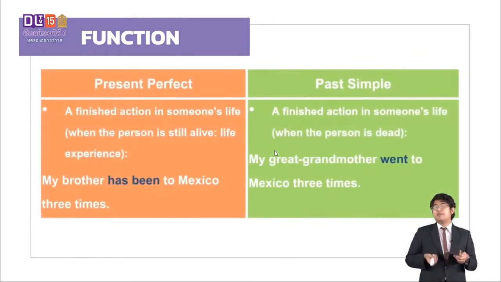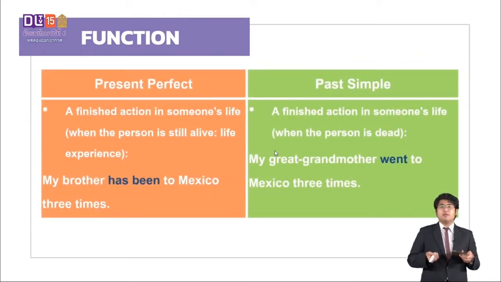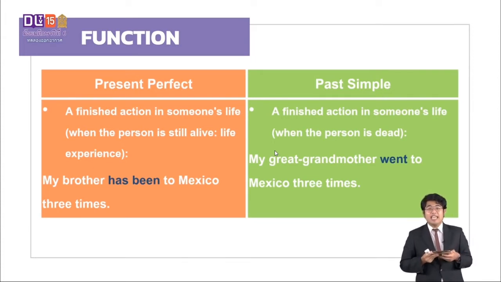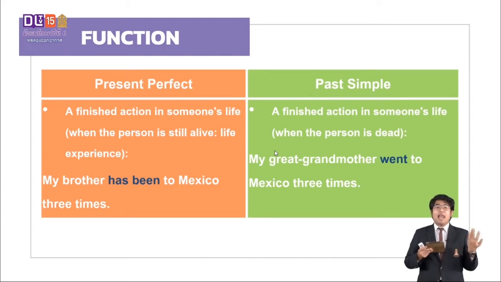Okay, next. For present perfect, a finished action in someone's life when the person is still alive, or life experience. Please look at the example. My brother has been to Mexico 3 times. You can see this sentence uses been. จำได้ไหมครับ been ใช้ยังไง แล้วก็ใช้ทำไมคือไปแล้วกลับมาแล้วเห็นไหม My brother has been to Mexico 3 times เขาไปเม็กซิโกมาแล้ว3 ครั้งนั่นหมายความว่าทำไมครับเขายังมีชีวิตอยู่แล้วเขาก็มีโอกาสที่จะไปอีกนะครับ Okay, about past simple, a finished action in someone's life when the person is dead.